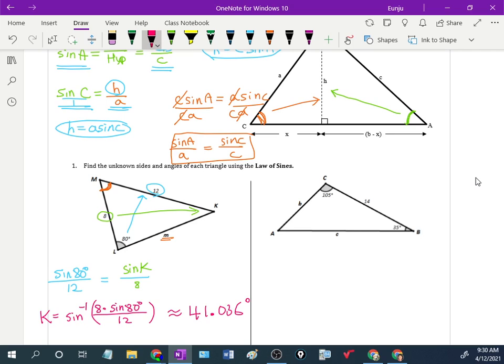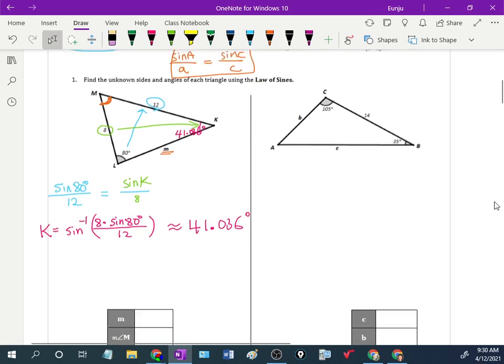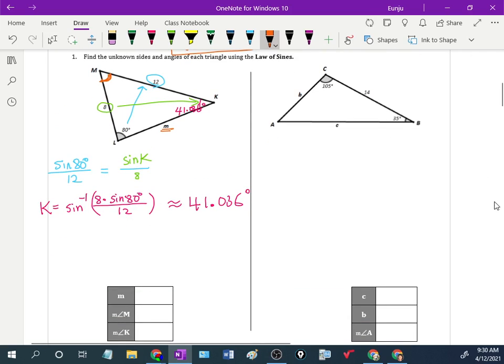Okay, all right, so by knowing this as 41.036 degrees, can you find the measure of the angle M? Sure, the measure of the angle M will be from... and I'm not using trig or the law of sines again, okay? I'm going to use the easiest one so I can find the answer quickly. What is it? Triangle sum theorem. So 180 degrees minus 80 degrees and 41 degrees, right?